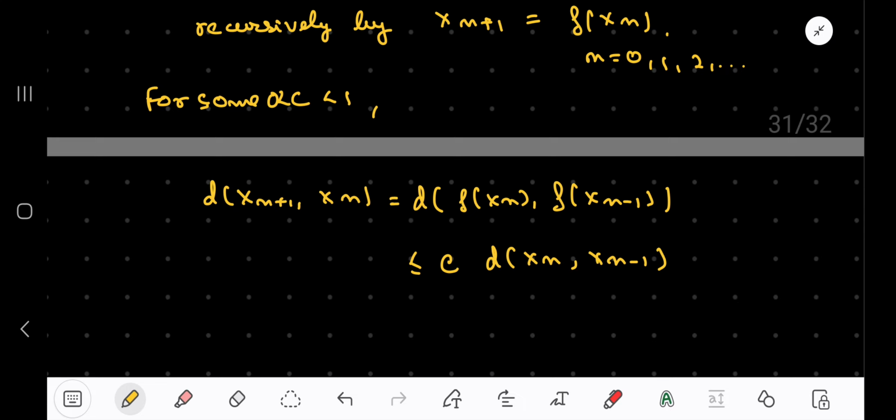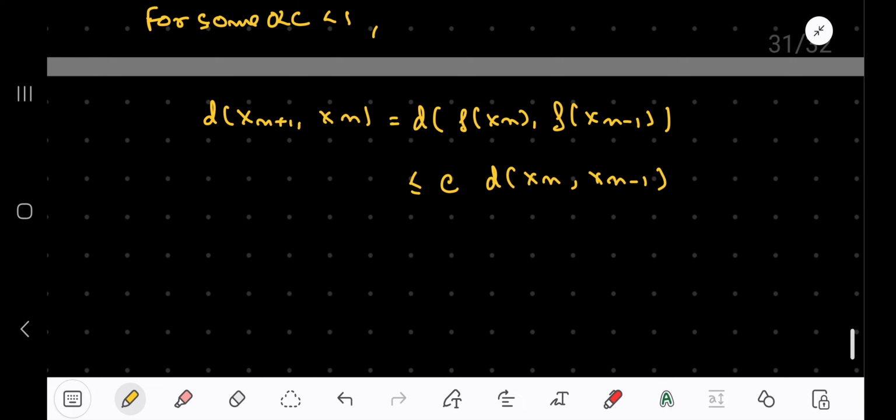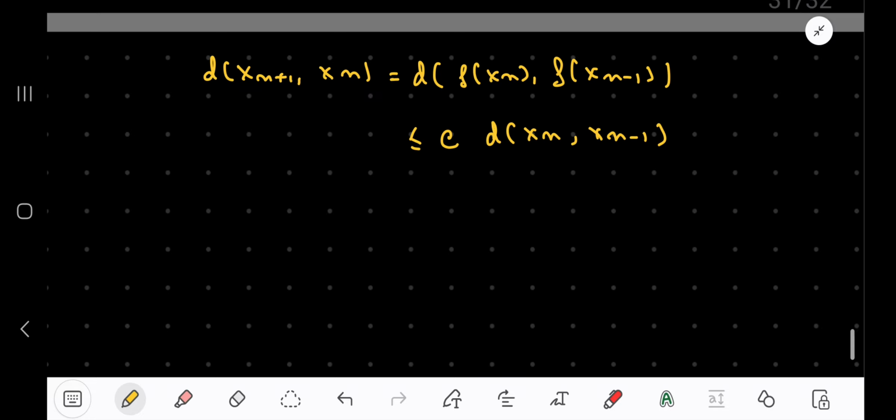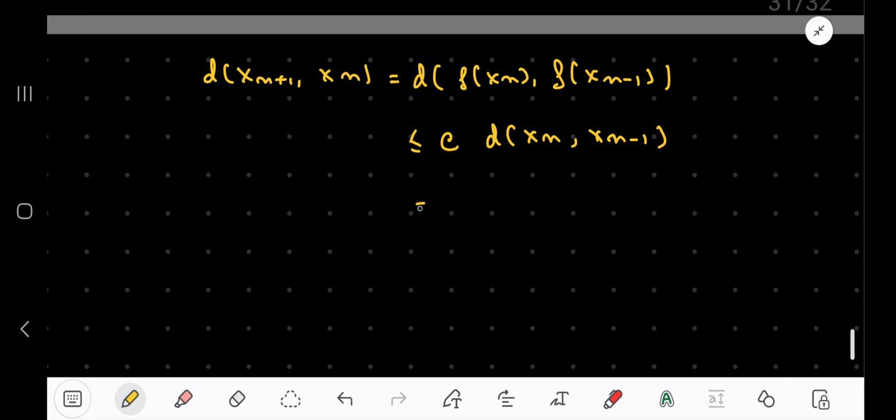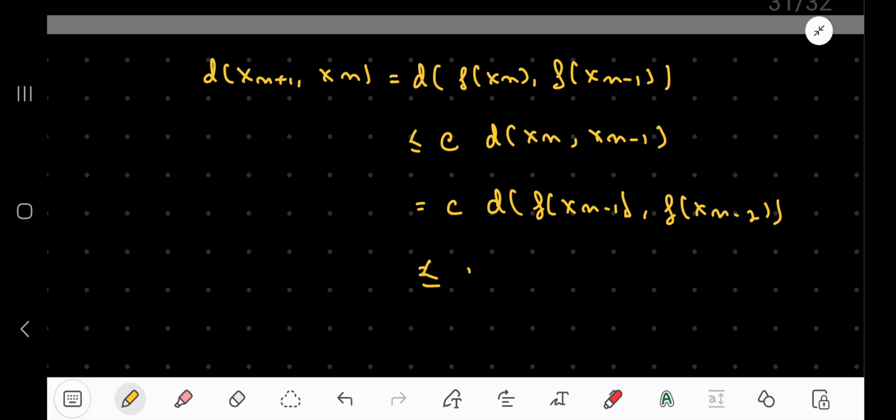Now we can observe immediately that if I just keep going, d of x_n, x_{n-1} should be equal to c times d of f of x_{n-1}, f of x_{n-2}. So this should be less than or equal to c squared times the distance between x_{n-1} and x_{n-2}.